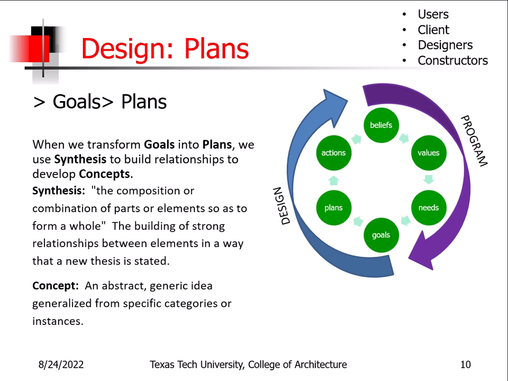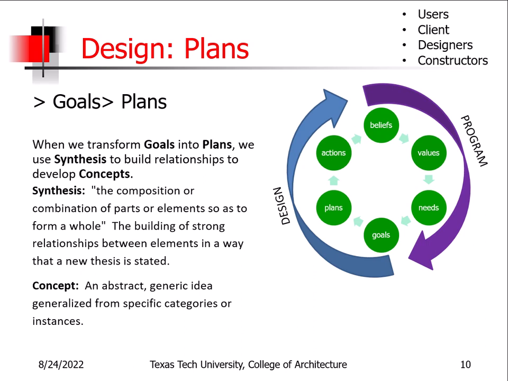So we take a variety of different spaces. We may take technology, structure, and we take those parts and put them together in a way that we build a strong relationship between them, in a way that the new thesis is stated.